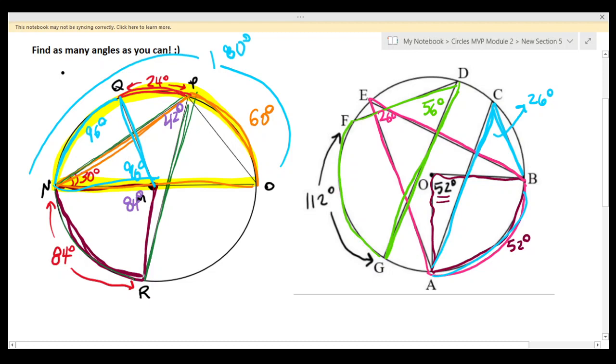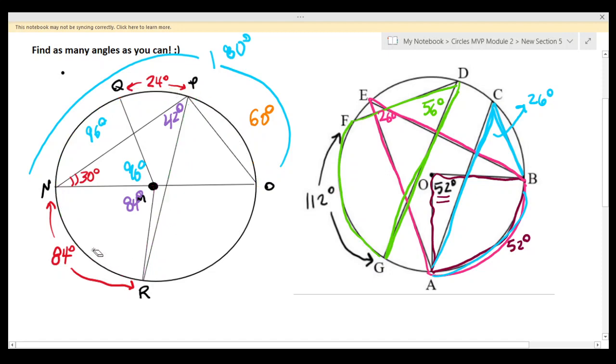All right, I'm going to erase some things and then we're going to finish this up. Okay, so I see another inscribed angle that we did not look at earlier. So here's an inscribed angle.